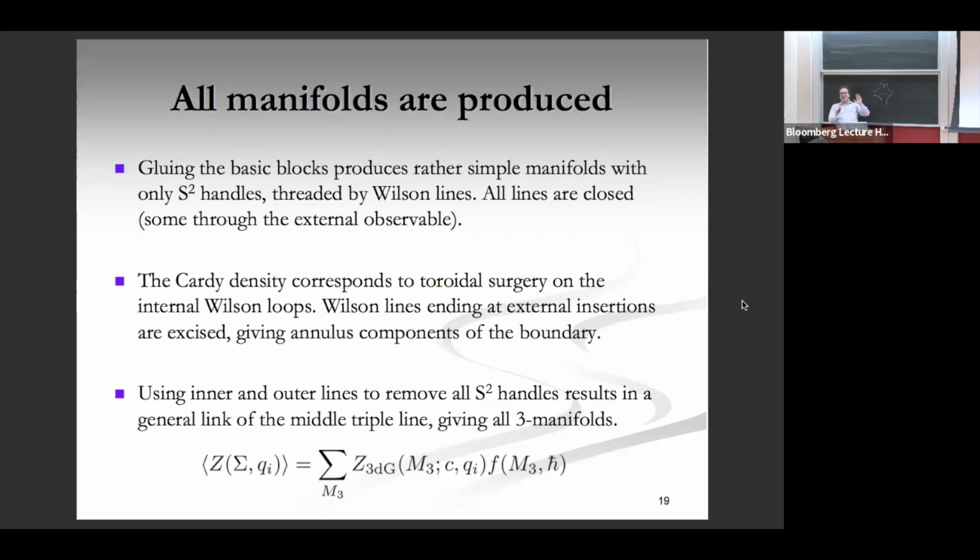That's one choice. I only need to show you that I can make all the manifolds one way. And so if I glue them like that, then the next one will be glued here, etc. And so in the end, I'll have closed loops like this. So the exterior lines will all form simple closed loops.